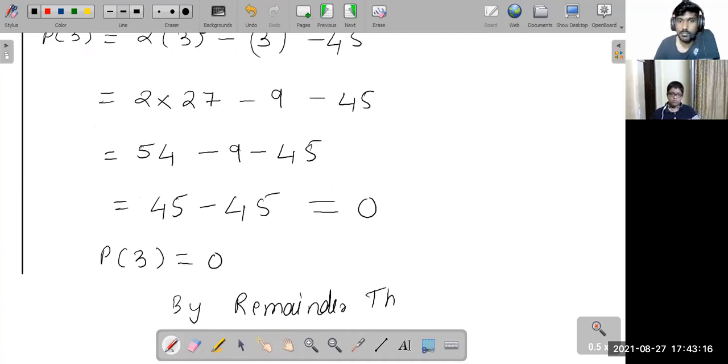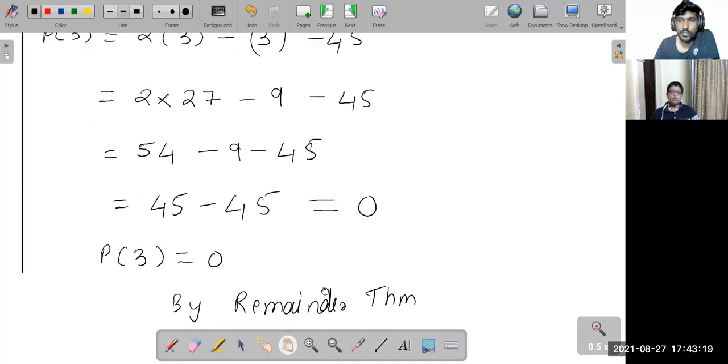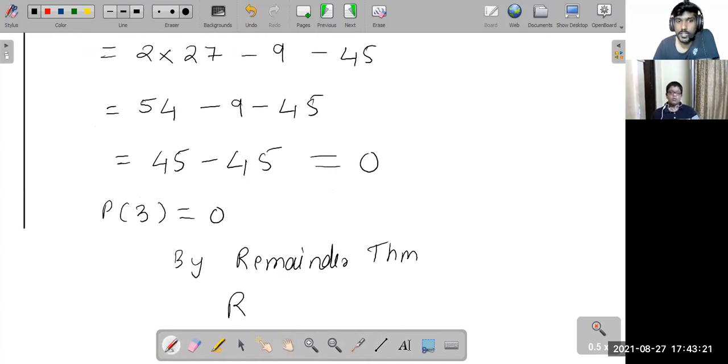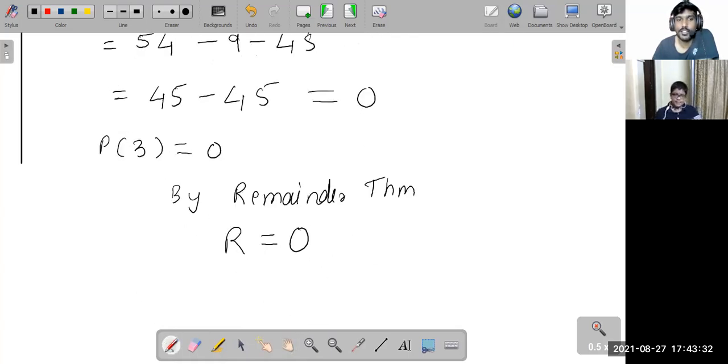By remainder theorem, the remainder is how much? The same as the value. And what did we get as the value of the polynomial? 0. Now you say by factor theorem, it is a factor.